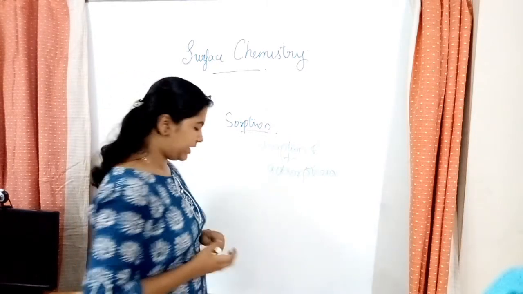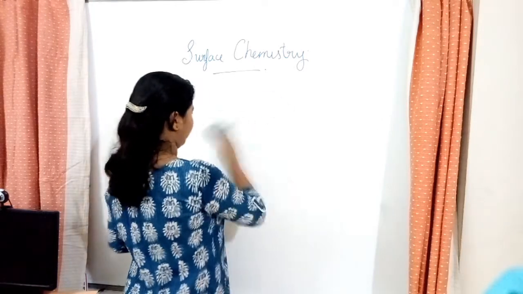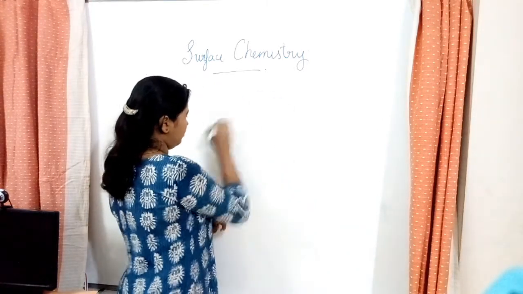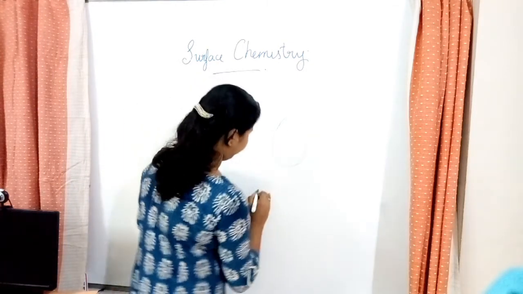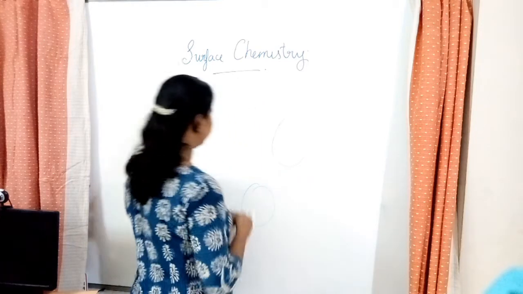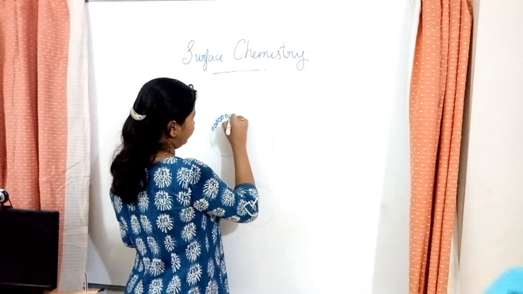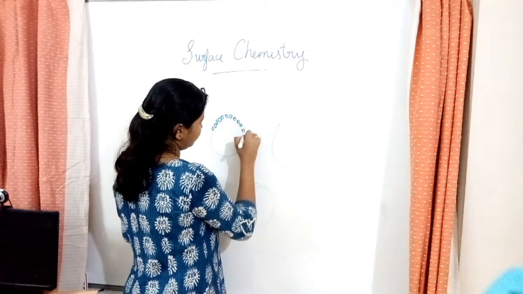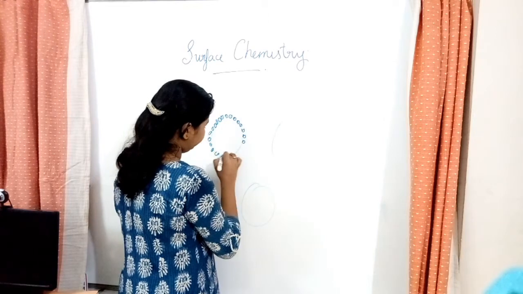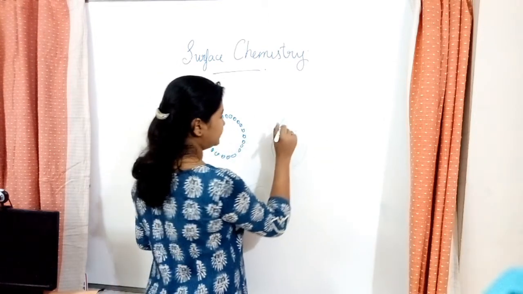So we'll compare all three figures together. Before, I drew the phenomenon of adsorption. This is our substance, and this is our adsorption happening over here. The next one is absorption.